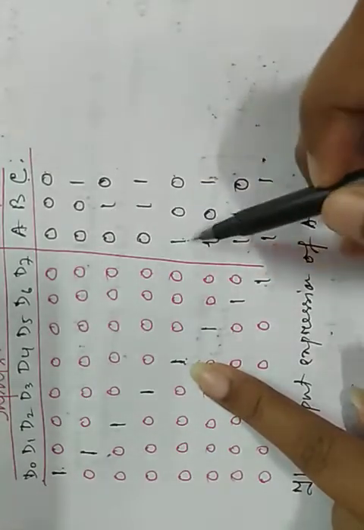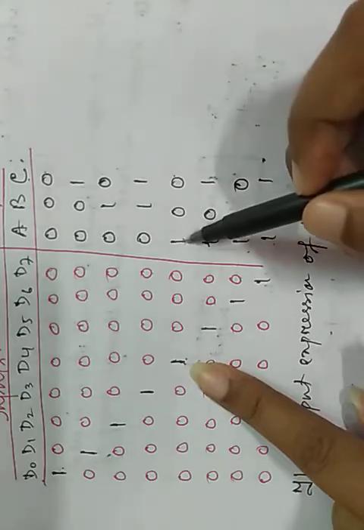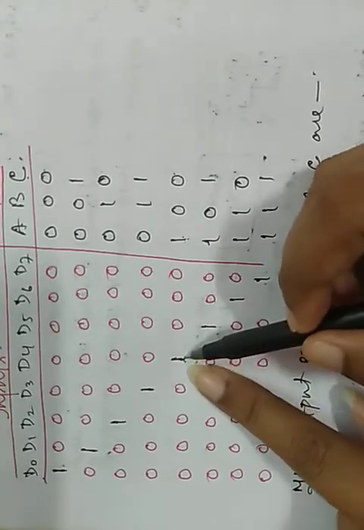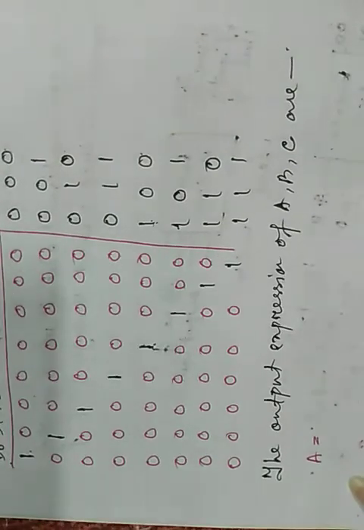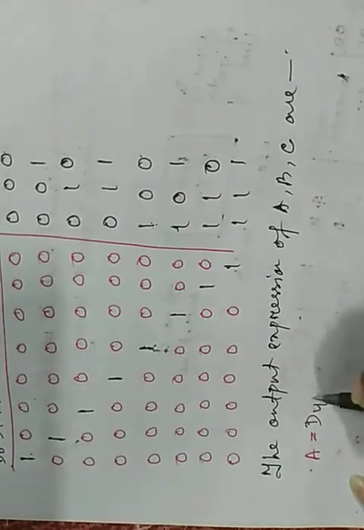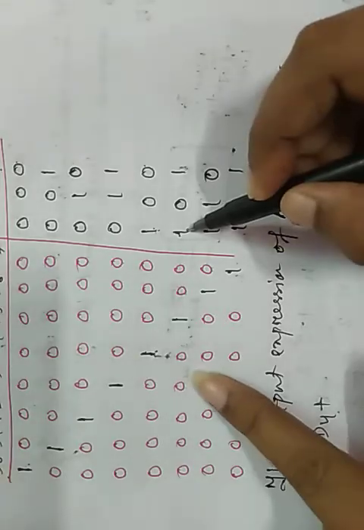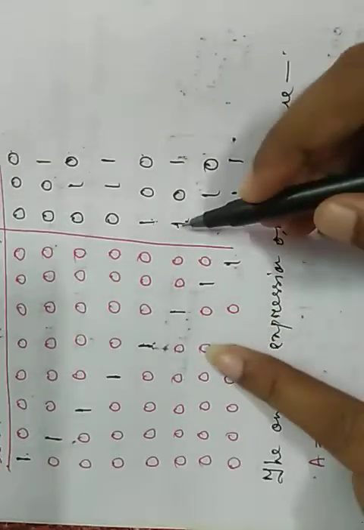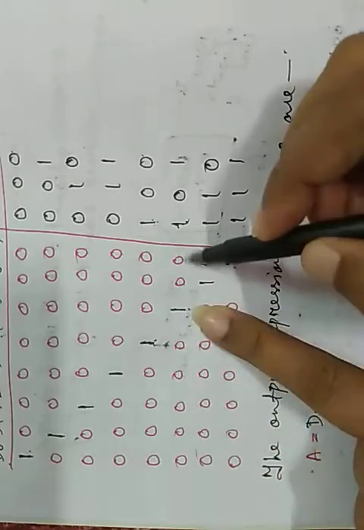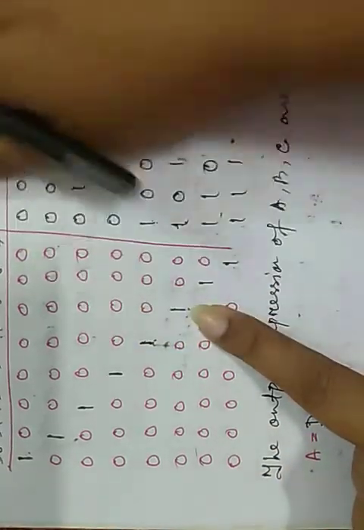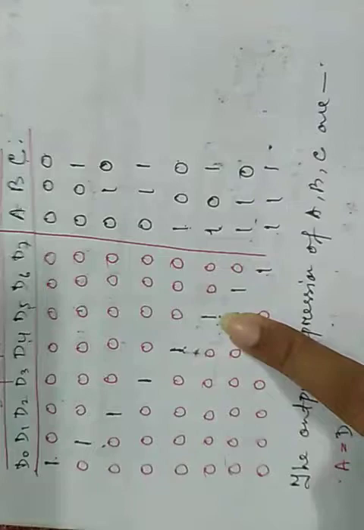Here there are 4 ones. So this one is 1, that means D4. So you write here D4, plus for the second one, this one is here, all other values are 0, so 1 here means this is D5.